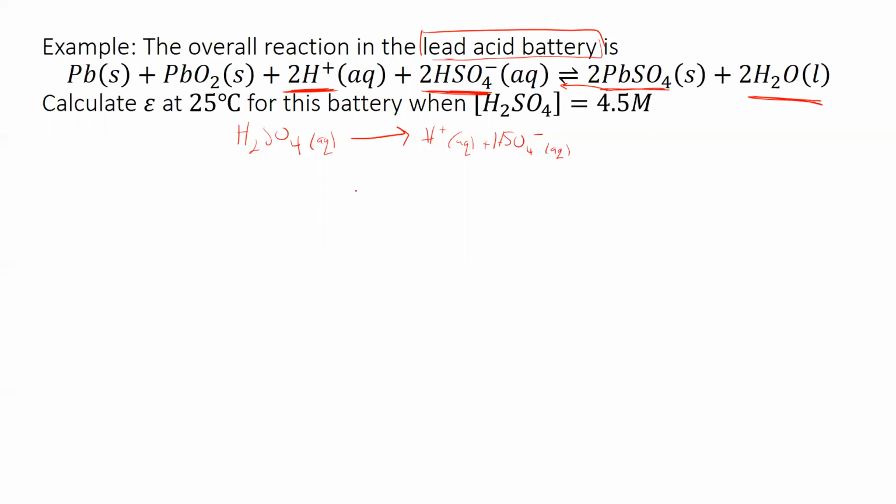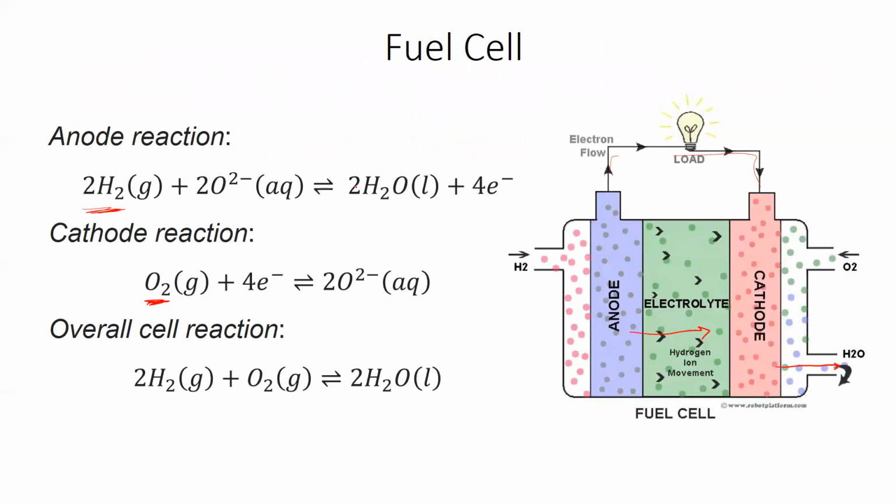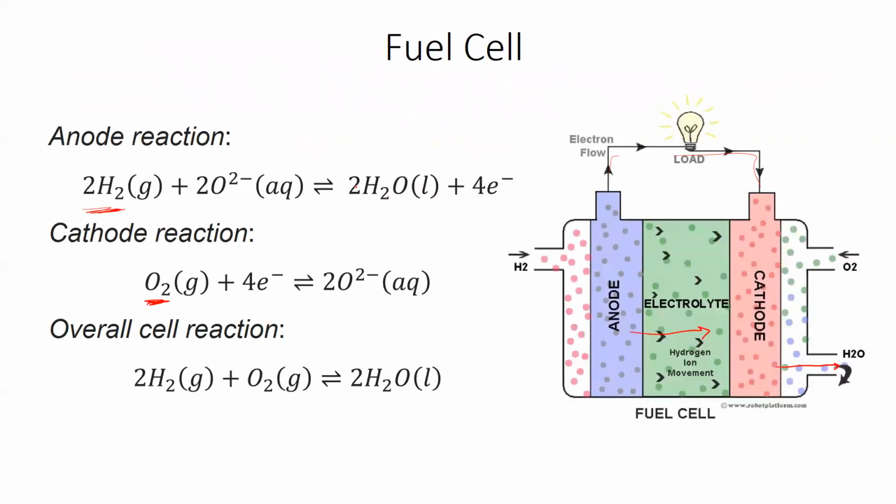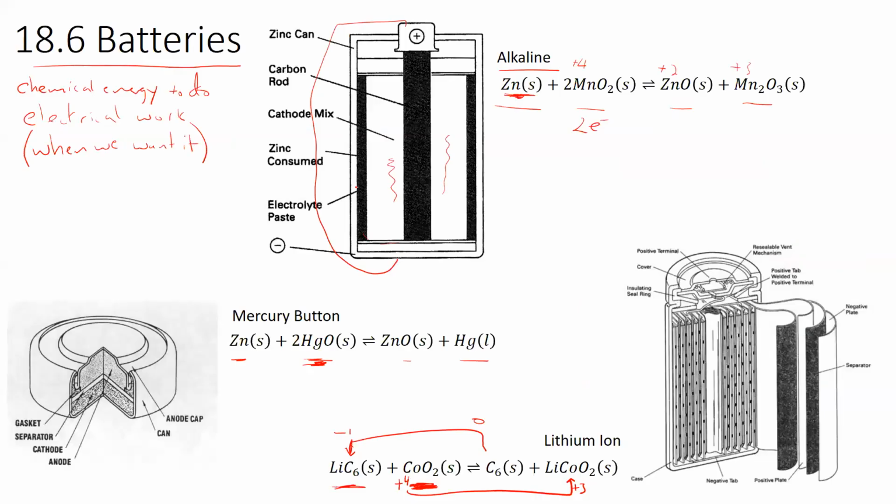Now, not all chemical reactions in batteries are rechargeable. If you look at, say, a fuel cell, you don't really recharge it so much as you refill it with hydrogen and oxygen. An alkaline battery is not a very good rechargeable system, basically because the products that you make are harder to convert back in the other direction. Some batteries, however, are much more rechargeable.